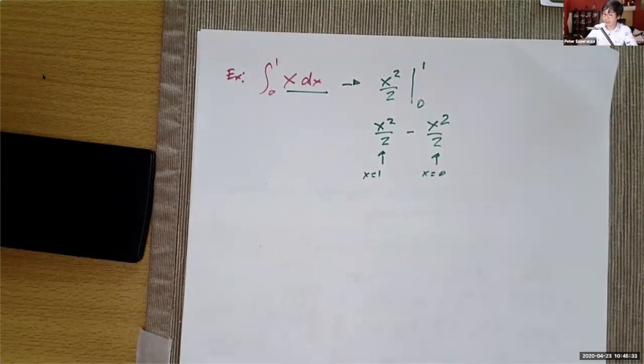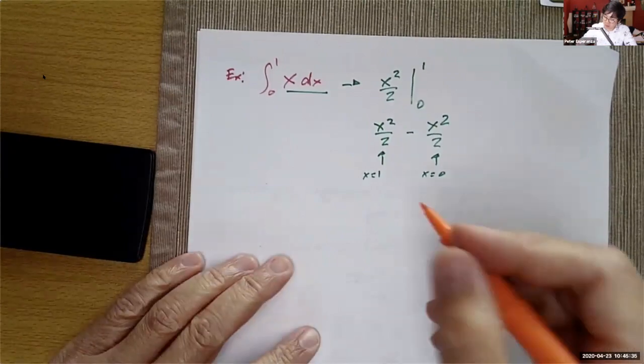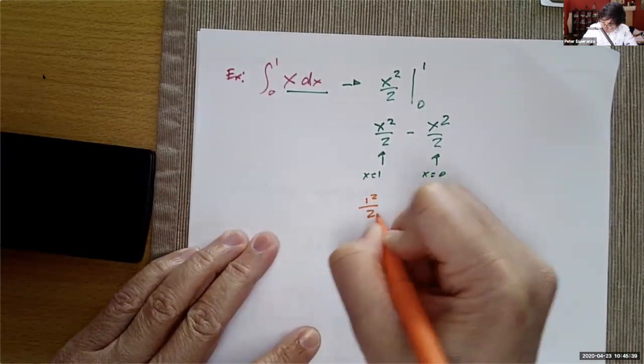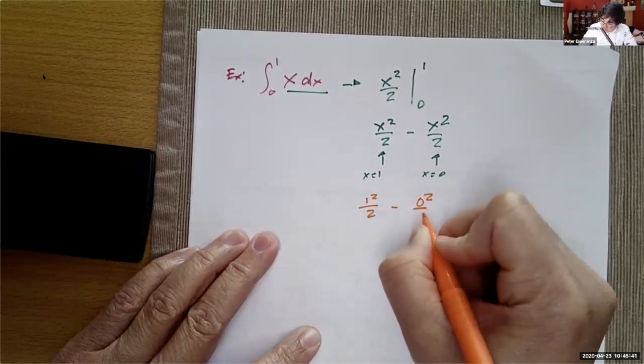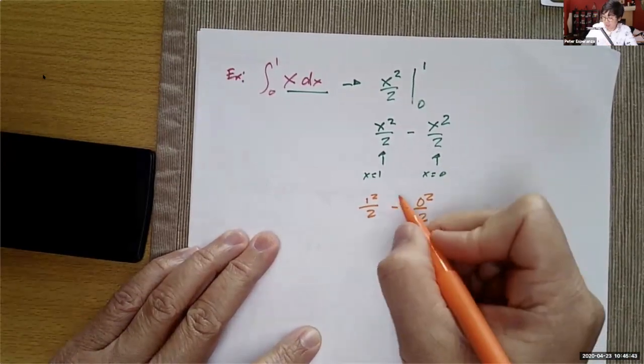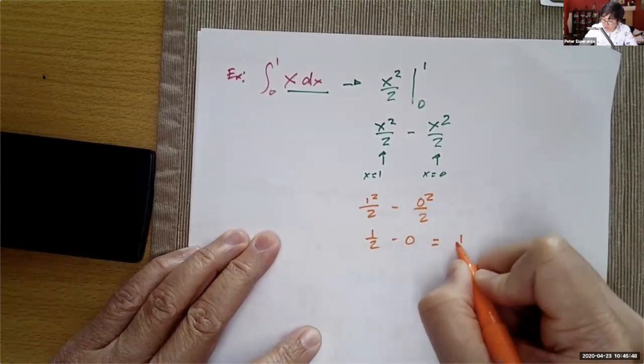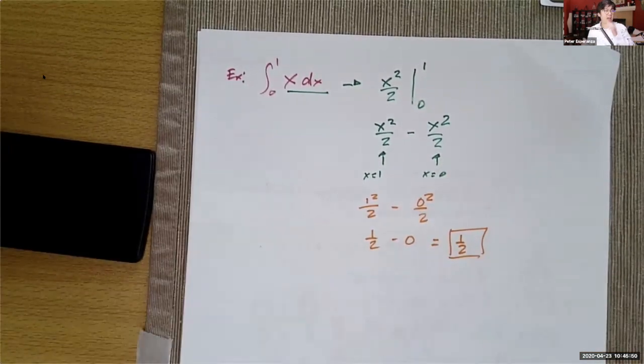So by using a little bit of algebra, you will have 1 squared all over 2 minus 0 squared all over 2. And what is 1 squared all over 2? It's 1/2 minus 0, which is equal to 1/2.